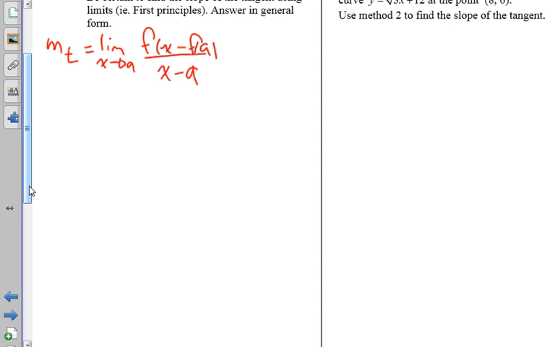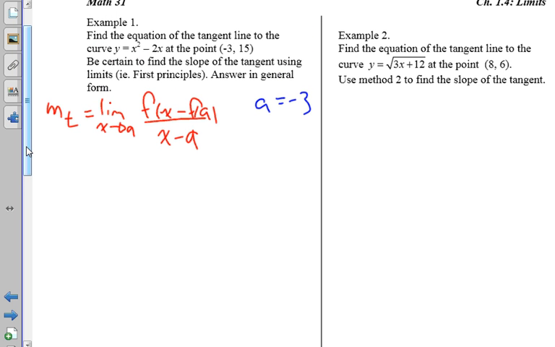So what is our value for A? A equals -3. Good. So what is our value for f of A? 15? And how did you find that?